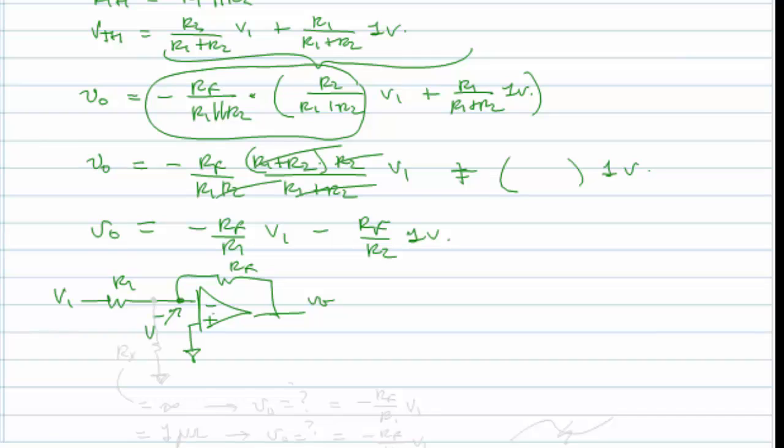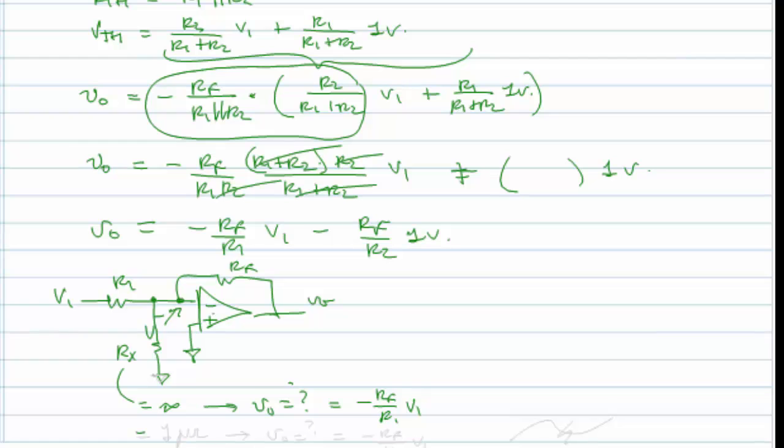Because it's equal to V plus. So because it's 0 volts, if I actually hang a resistor, this would be a good trick question to ask on a test. If I said Rx right here is equal to infinity, find VO, right? And you'd say, oh, VO is minus RF over R1 V1.